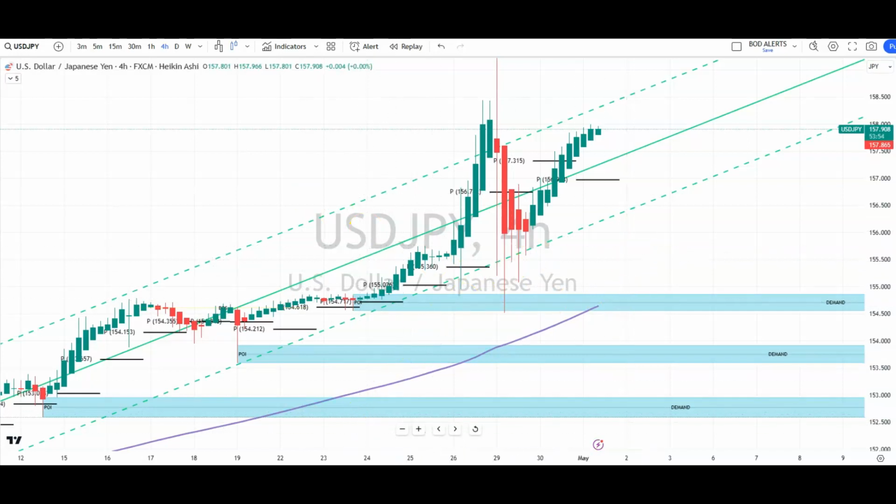Now, as we can see here, we've got a set of pivots no longer achieving higher highs, and so therefore the price is now thinking about where it wants to go next, probably down to this demand area here.